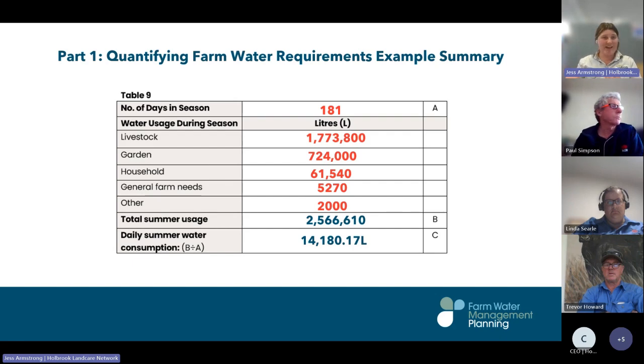Use that time to quickly jot down your data in the back of section 2 of that farm water audit booklet so that when you come to session 2 of calculating your storage, dam and tank capacity, you've got those numbers and you're ready to take on the next step.